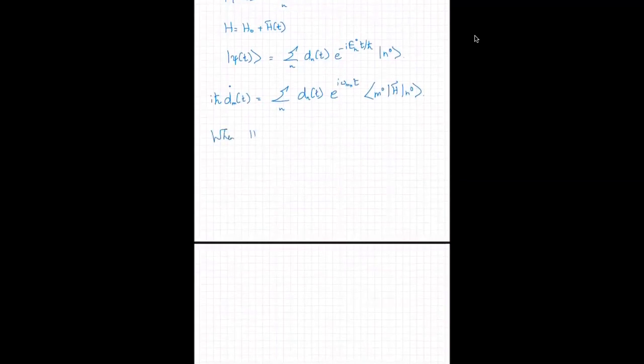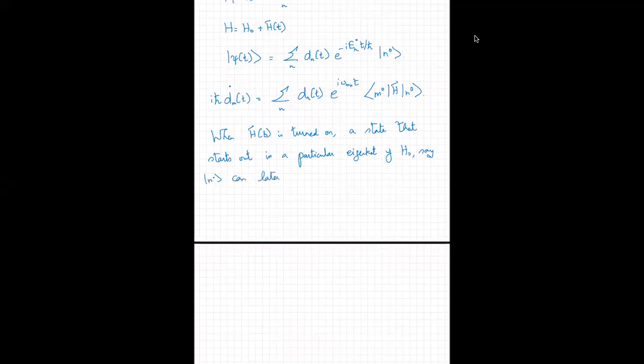But if I turn on a time dependence, it is possible that when H tilde is turned on, a state that starts out in a particular eigenket of H0, say |n0>, can later evolve into a different state, say |m0>.